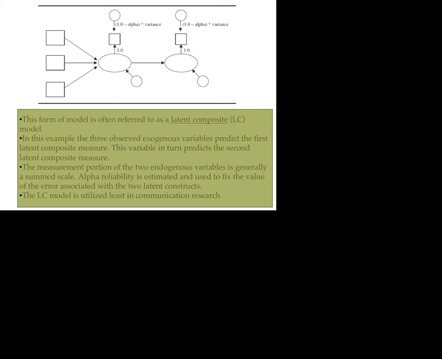So it could be a communication apprehension scale, where we would take the average across all questions for each individual, and that would be this observed variable that we have here. And then we fix the path between the latent variable and our observed variable. We fix that path to 1, and then we set the error term equal to 1 minus alpha reliability times the variance of our observed variable.